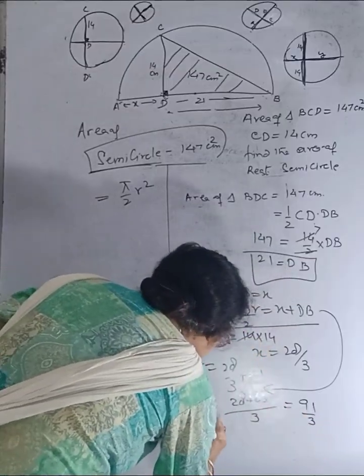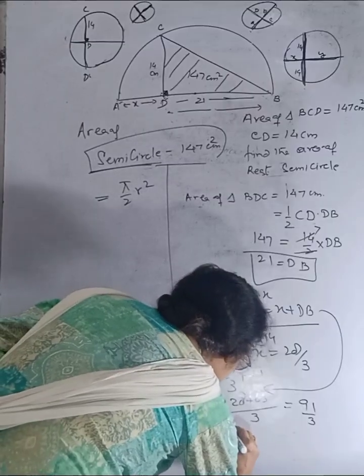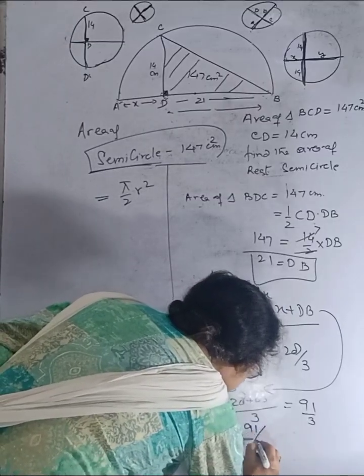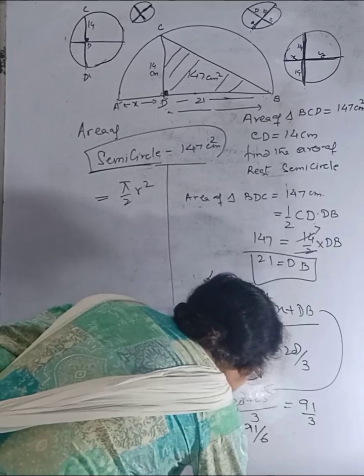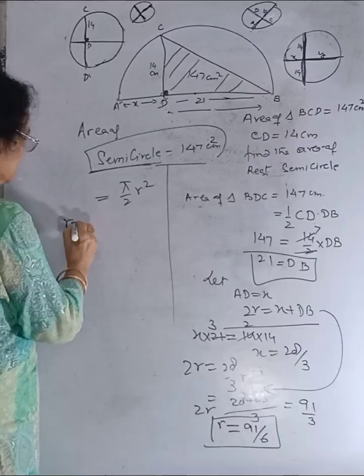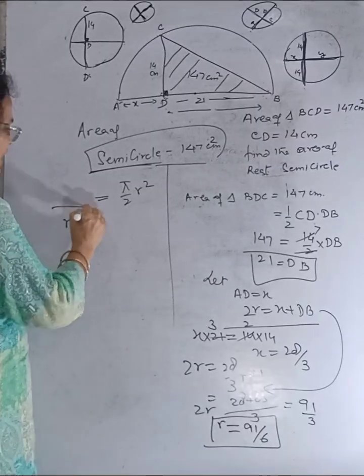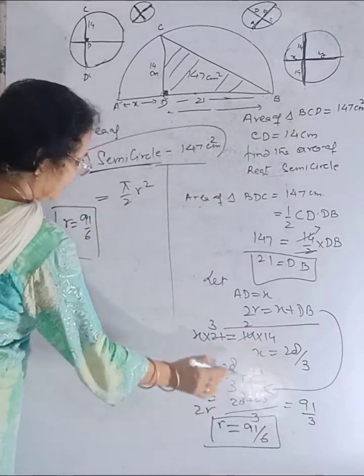That is equal to 2r. It means r will be equal to 91 by 6. This is the value of r. R is equal to 91 by 6. We are getting it from here.